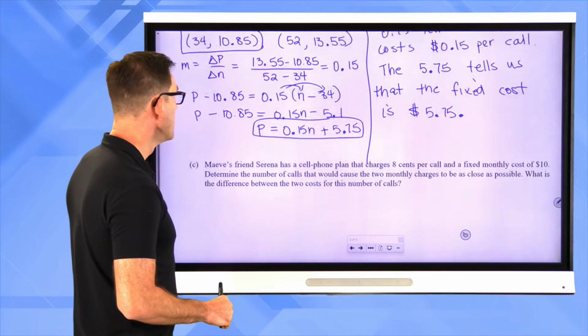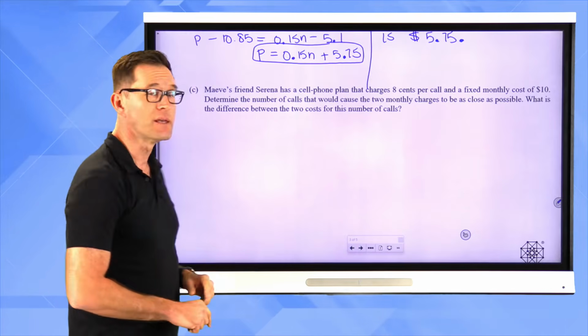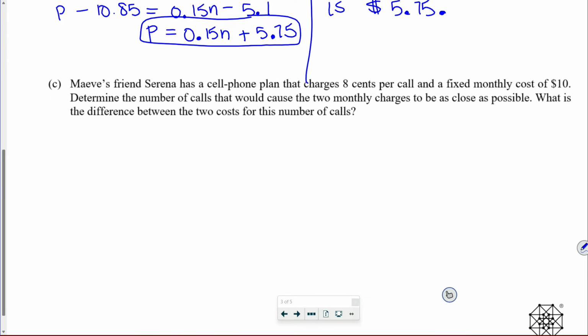Okay, let's take a look at letter C. Maeve's friend Serena has a cell phone plan that charges 8 cents per call and a fixed monthly cost of $10. Determine the number of calls that would cause the two monthly charges to be as close as possible.